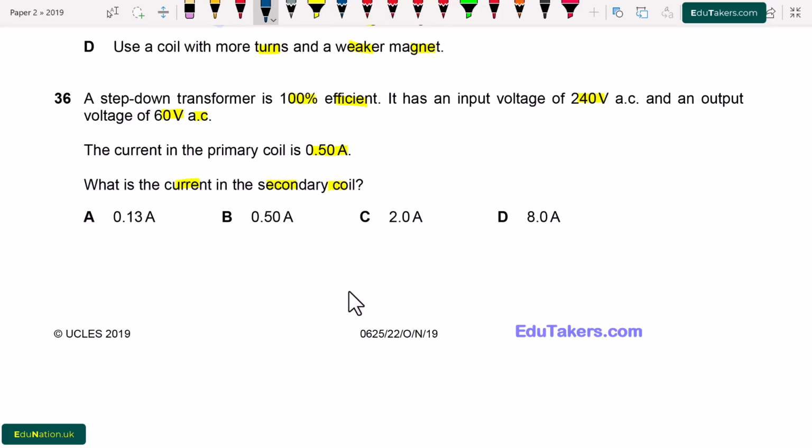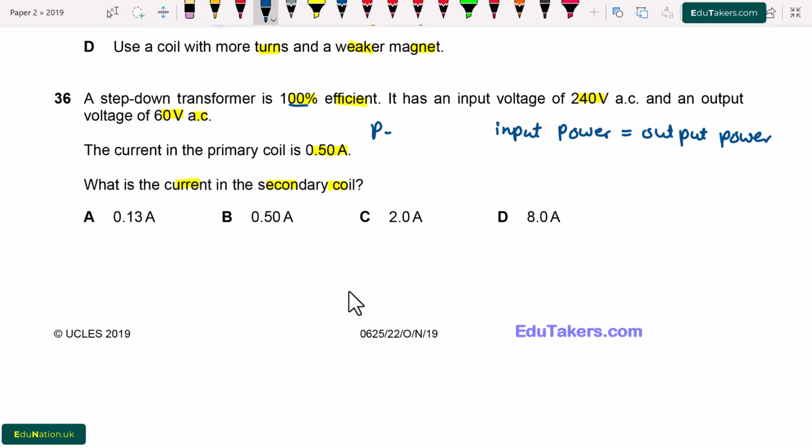It is given that the transformer is 100% efficient. It means that the input power will be equal to output power. I write here input power is equal to output power. And input power is basically for the primary coil while the output power is for the secondary coil.